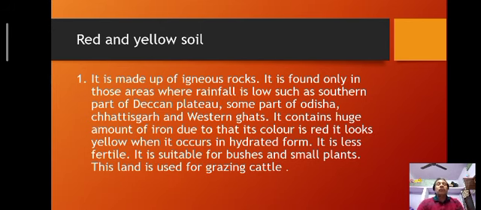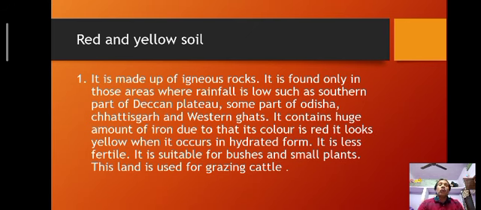It contains a huge amount of iron, due to which its color is red. It looks yellow when it occurs in hydrated form, and that's why it is also known as red and yellow soil. It is less fertile because in these areas the rainfall is very low.